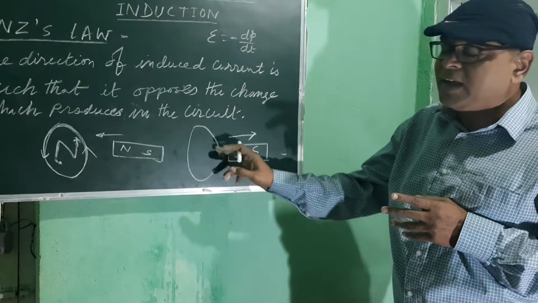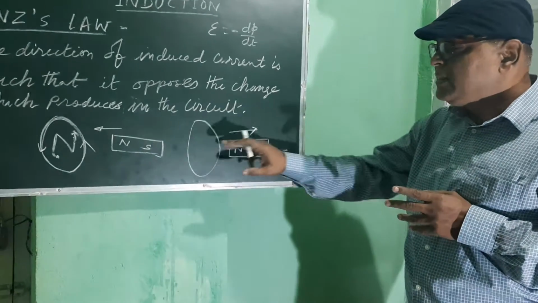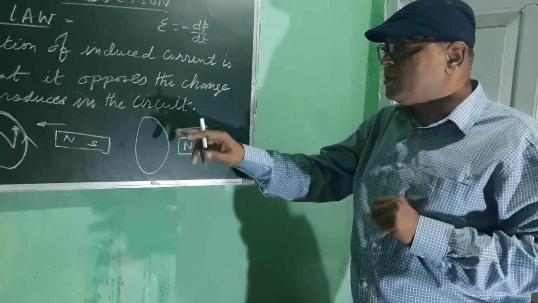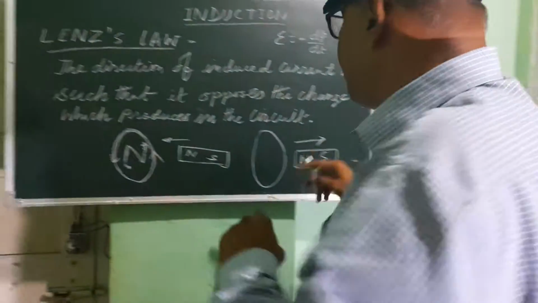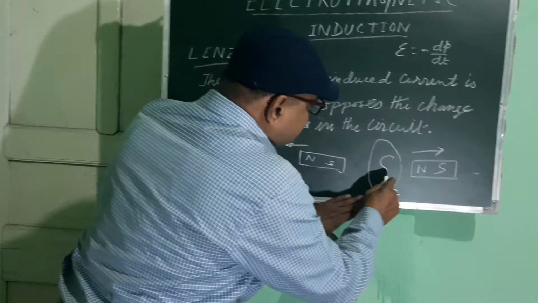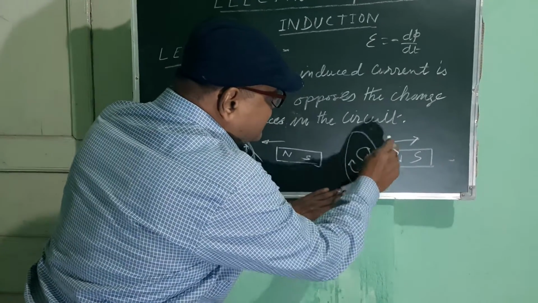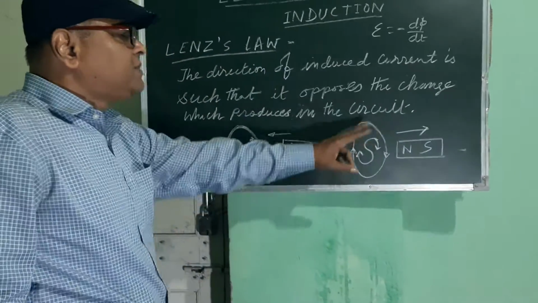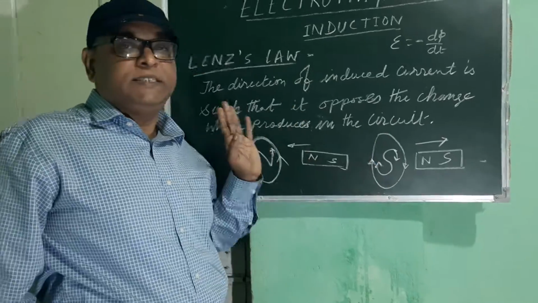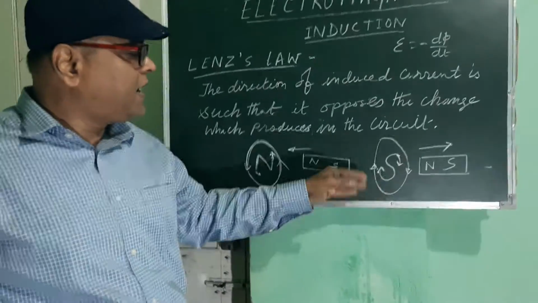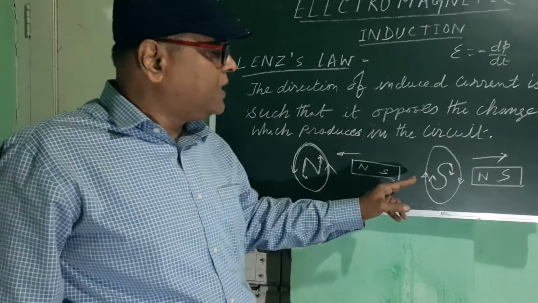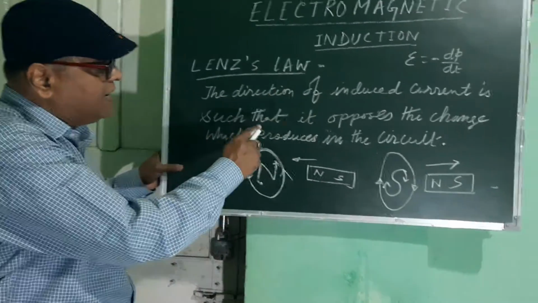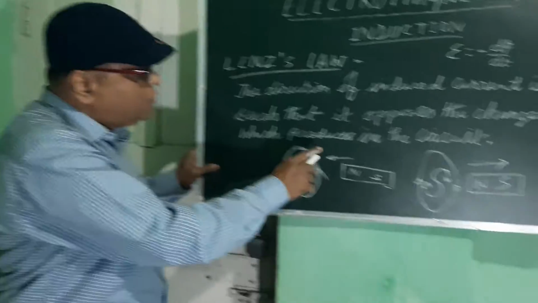Because the flux will be decreased, but it wants to stay in the previous position. So for that reason, it will attract. In attraction, a south pole will be formed. Just see. As soon as the direction of the current changes, that means in both cases the direction of the induced current is such that it opposes the change which produces it in the circuit.